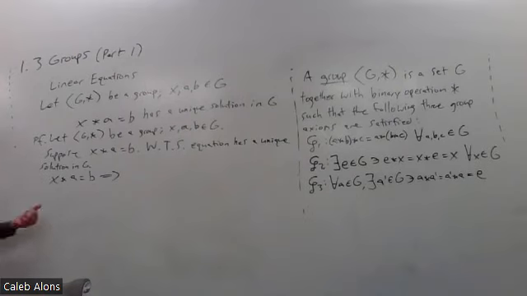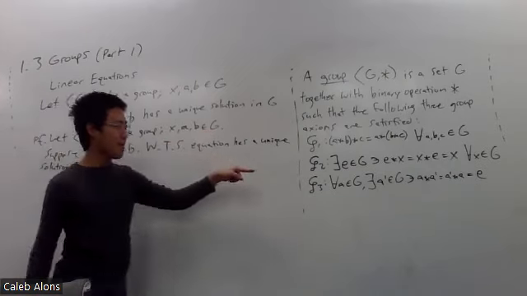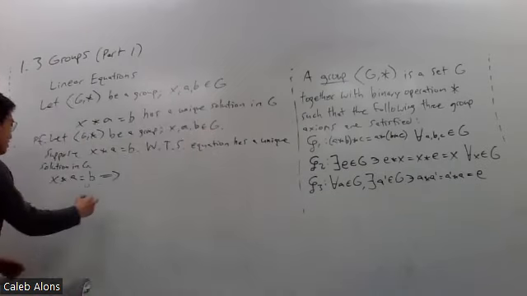All right, we're in a group. We're trying to isolate x. So what should we do? Take the inverse of a. Yeah, we know that. Why do we know that there is an inverse of a? Because a is in the group. Oh yeah, right, okay.